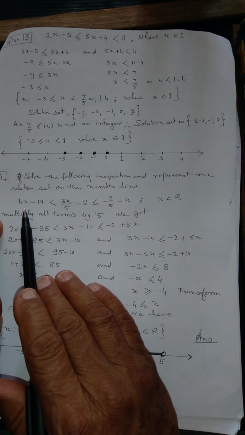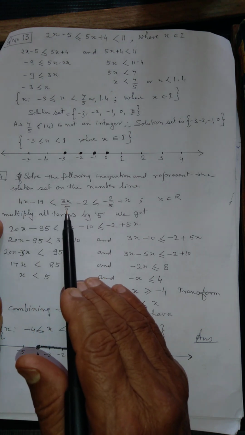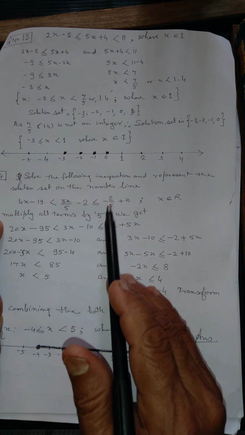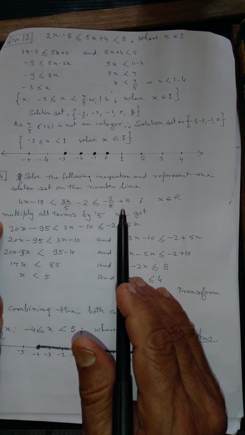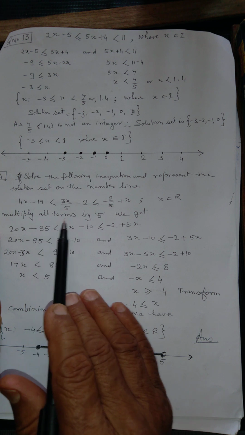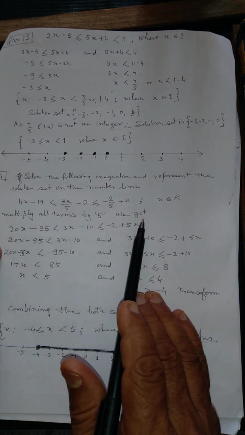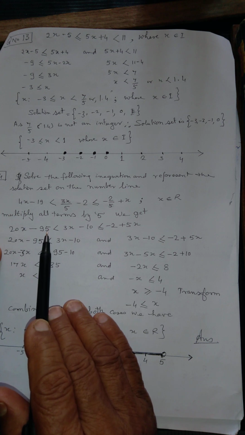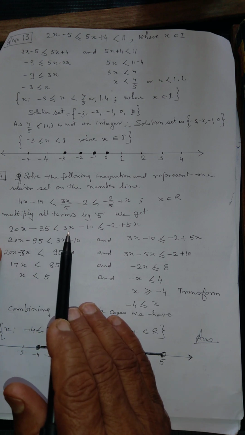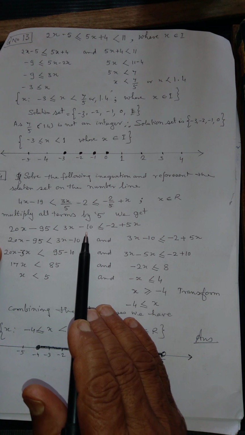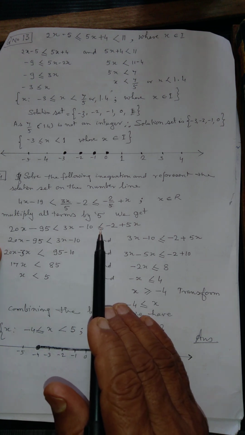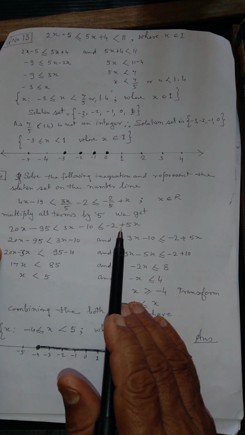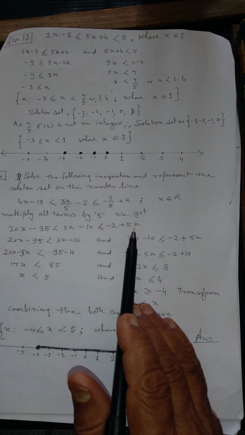Here you see 4x minus 19 less than 3x by 5 minus 2 less than or equal to minus 2 by 5 plus x. Multiplying all the terms by 5, we get 20x minus 95 less than 3x minus 10 less than or equal to minus 2 plus 5x.